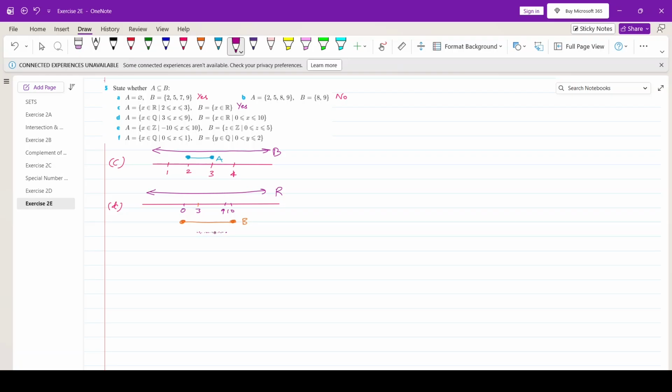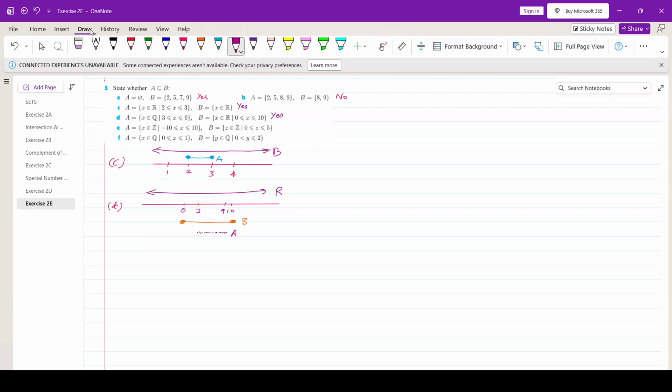There will be some numbers which will be rational but not all. Therefore, let's represent it with this dotted line, and we can say this is set A. Now, can we say this set A will lie on B? Yes. So the answer to part D is yes.